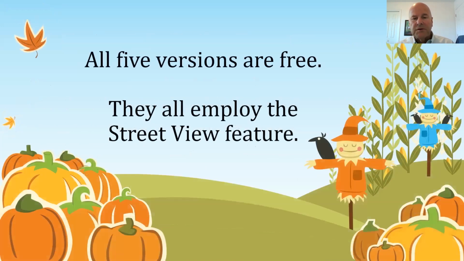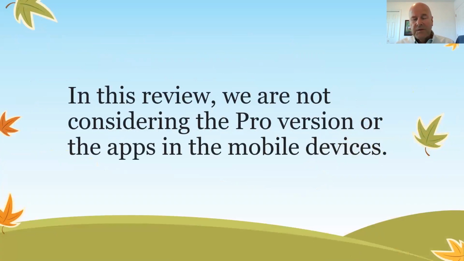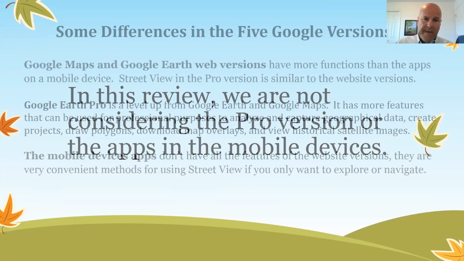All 5 of these versions are free. There's no login, there's no password needed, no fee. And they all employ the Street View feature. Now in this review, I'm not going to talk about the Pro version or the apps on the mobile devices. And here's why.